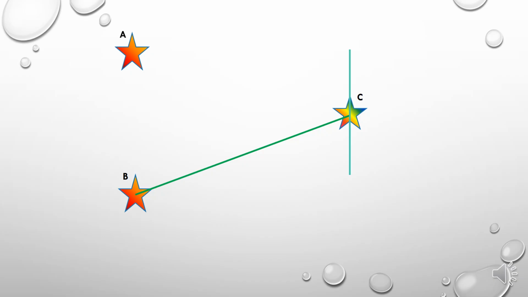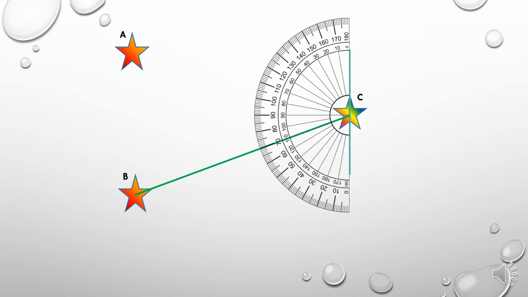Then we invert the protractor and place it carefully on the line that is passing through point C. We must also ensure that the line at the base of the protractor is properly aligned with the vertical line drawn through point C, and it is centered.